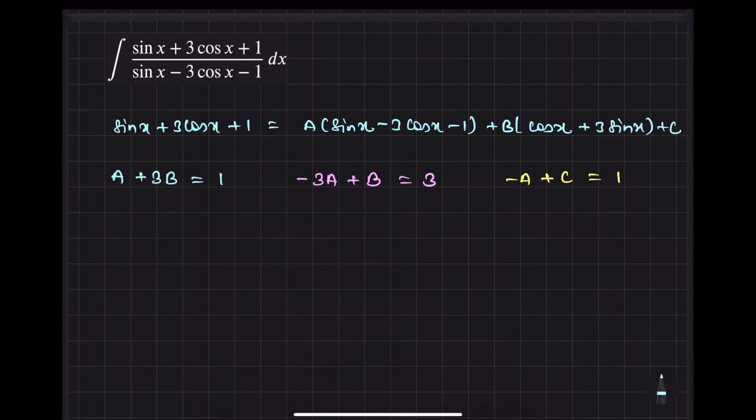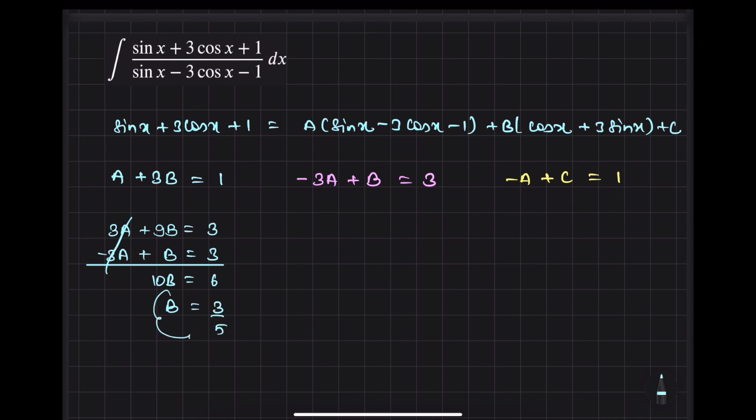Now let's find the values of a, b and c. Look at equation 1 and equation 2. I multiply equation 1 by 3, so we have 3a plus 9b equals 3, and equation 2 is minus 3a plus b equals 3. Adding these, 10b equals 6, so b is 3 by 5.